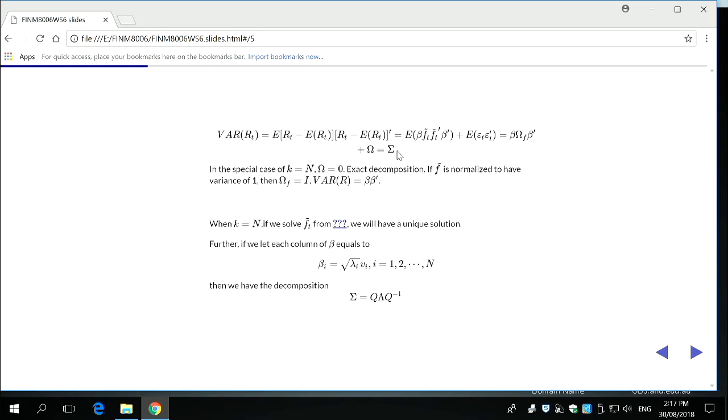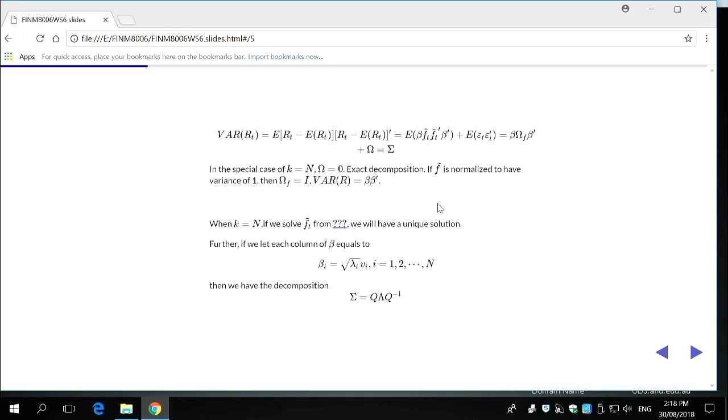All right, so let's first consider this special case of k equal to n, which means you have as many factors as the number of assets. If you have as many factors as the number of assets, then there's no idiosyncratic part. The omega equals 0. So the variance covariance matrix can be exactly decomposed.